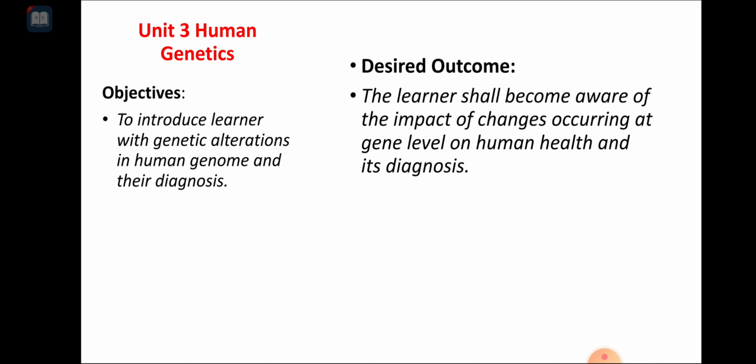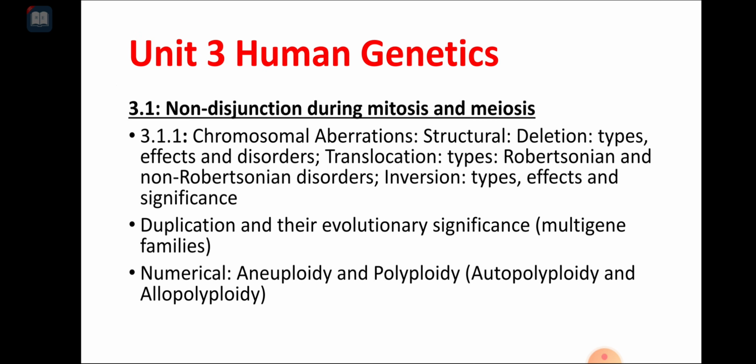Third unit is human genetics. Through this unit, you are going to be introduced to genetic alterations in the human genome and their diagnosis. In this topic, you are going to study non-disjunction during mitosis and meiosis.